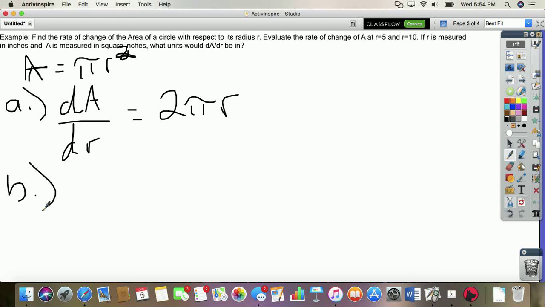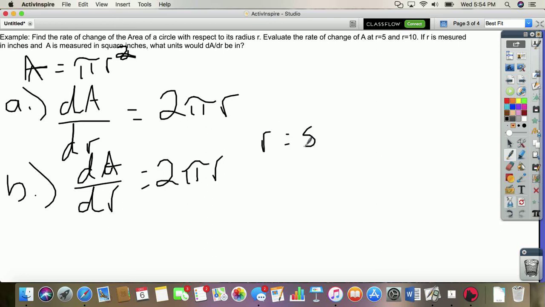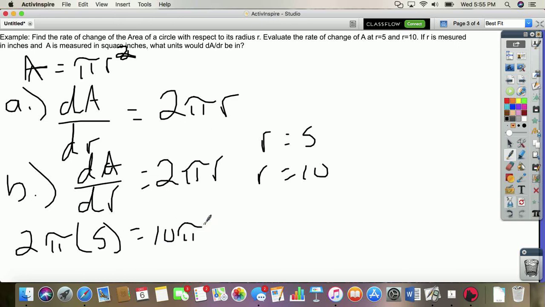So if dA/dr is 2 pi r, and I want to know when r is equal to 5 and when r is equal to 10, well then 2 pi times 5 gives us 10 pi, which we know is roughly around 31.4.